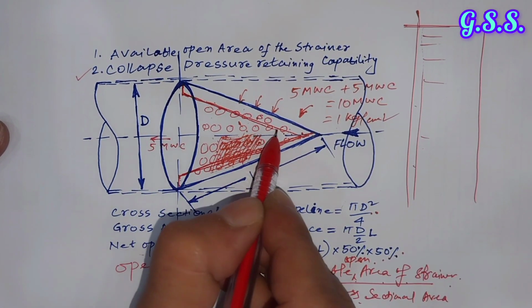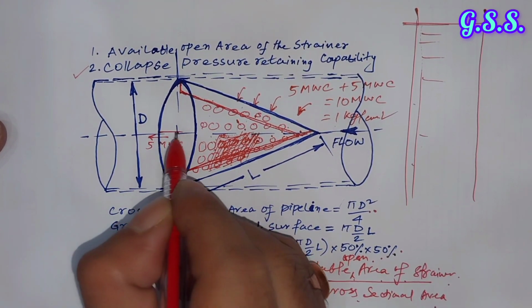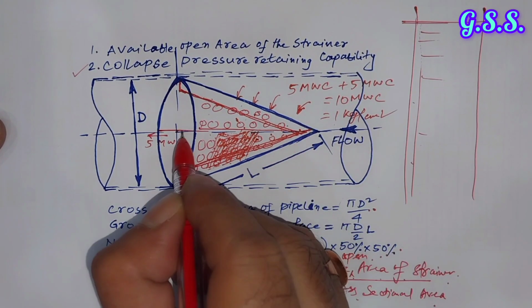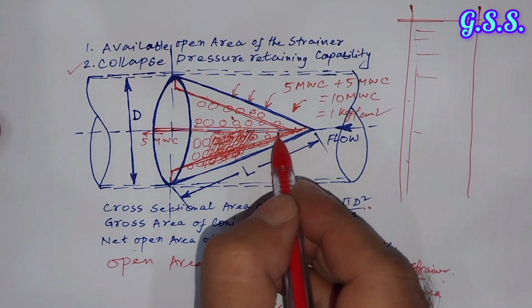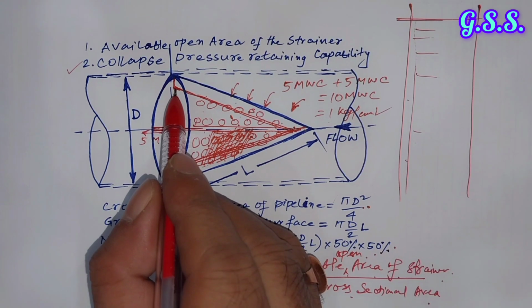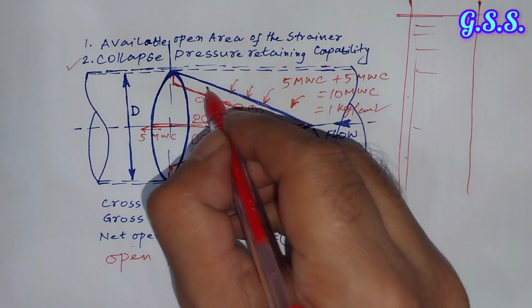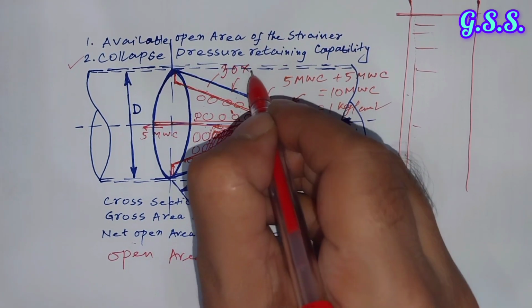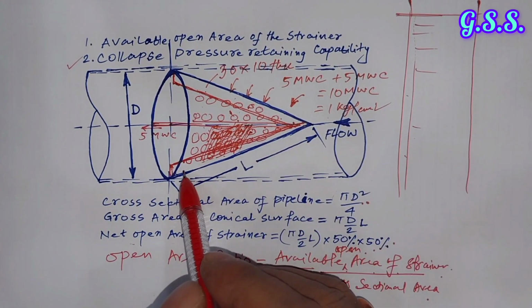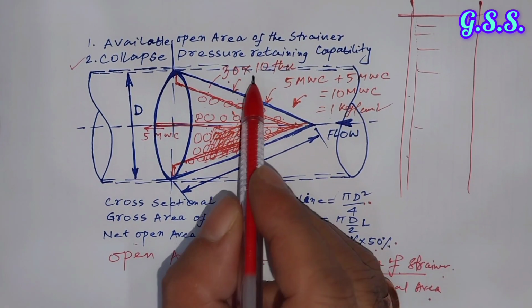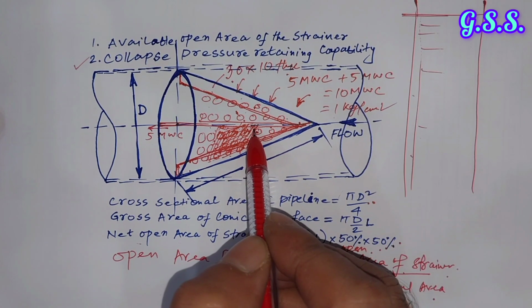So these are two, and here actually another two. So inside of strainer we are providing 4 stiffener flats of 30 mm wide by 10 mm thick to prevent the collapsing.